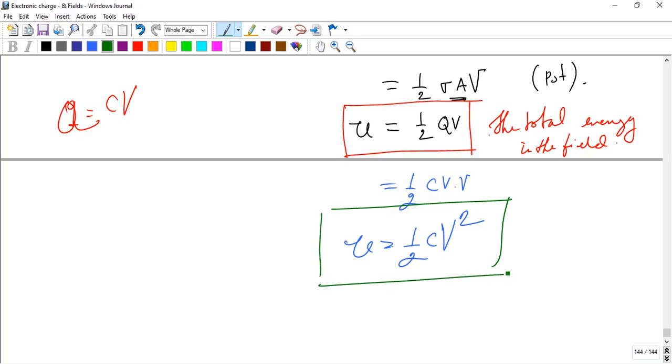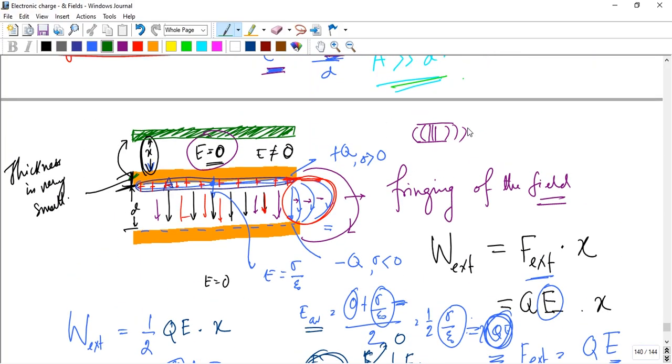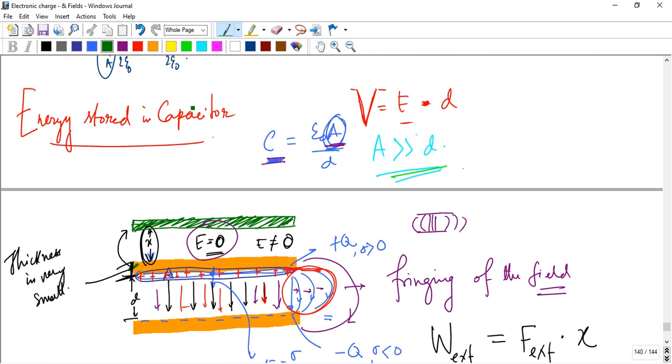That's another value of the potential energy: E equal to half CV square. Energy means joules, so energy is in joules. That is the energy stored in the capacitor.